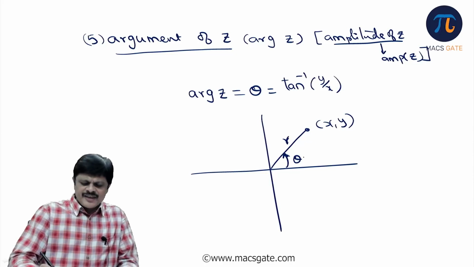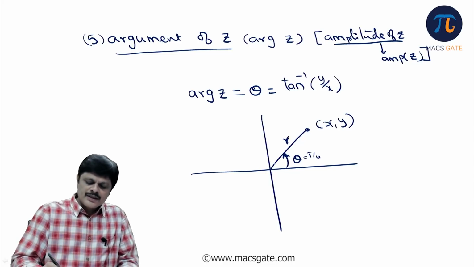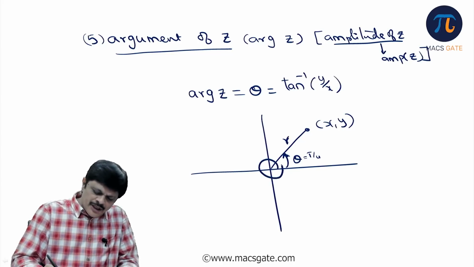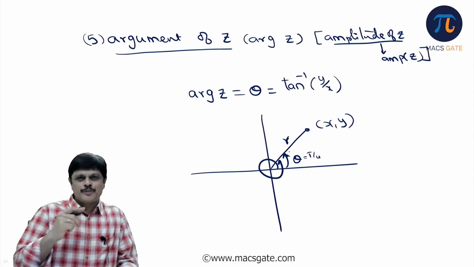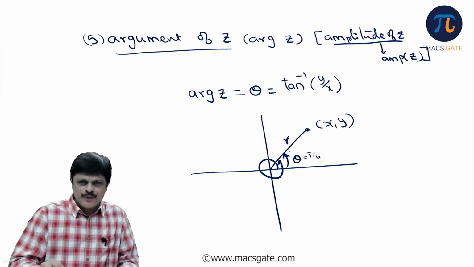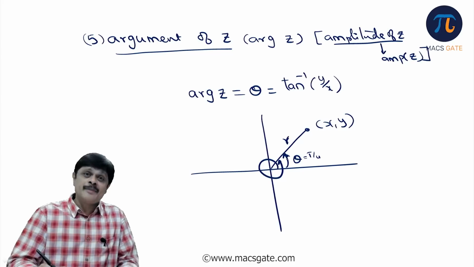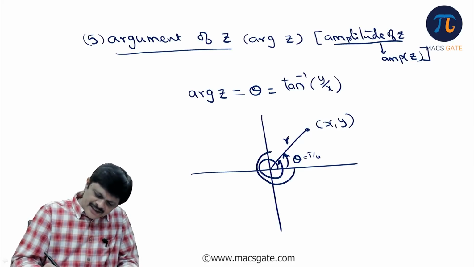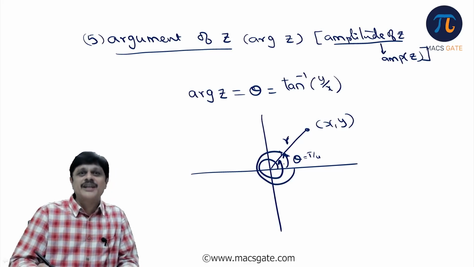But remember, suppose it is pi by 4. You can come to the same position by traveling pi by 4 plus 2 pi, or pi by 4 plus 2 pi plus 2 pi, and still come to the same position. That is, this argument can be expressed in infinitely many ways. You can also express it as pi by 4 minus 2 pi.